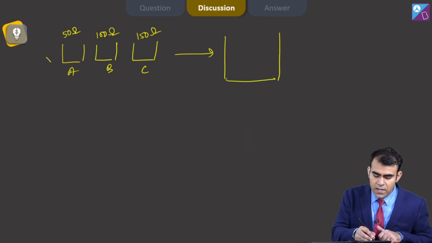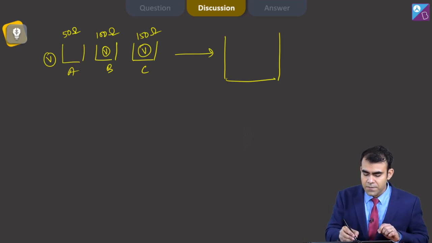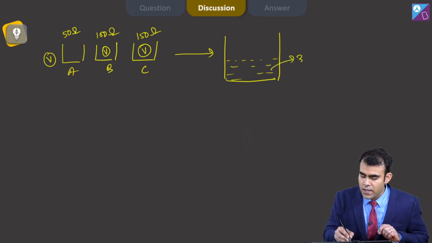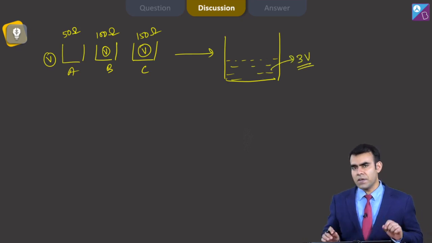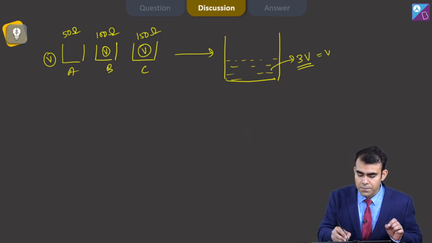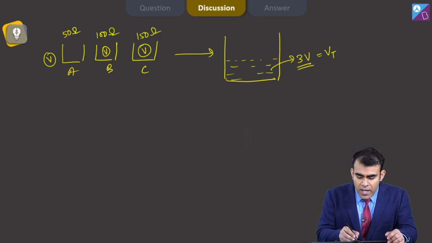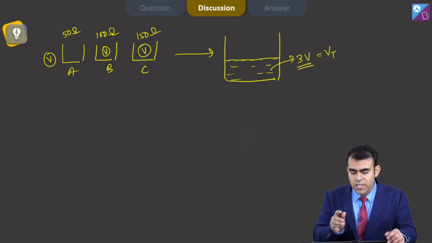Let's say I have taken V volume from this, V volume from this and V volume from this, and I have mixed this in this container. And let's say the volume now is 3V, because if we combine V, V, V, the total volume is 3V. Now we have to determine the resistance of this solution.